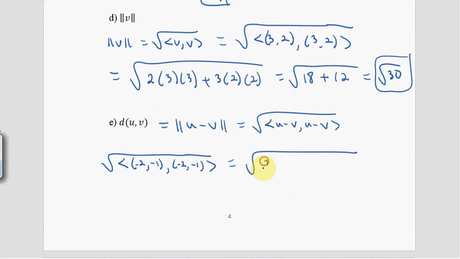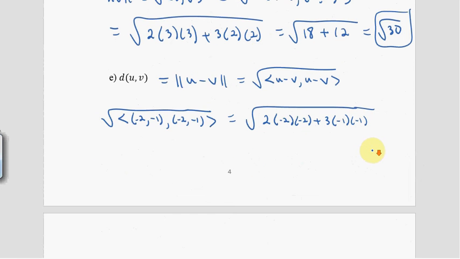So this is 2 times -2 times -2 plus 3 times the second components. So here we get 8 plus 3, the square root of 11.